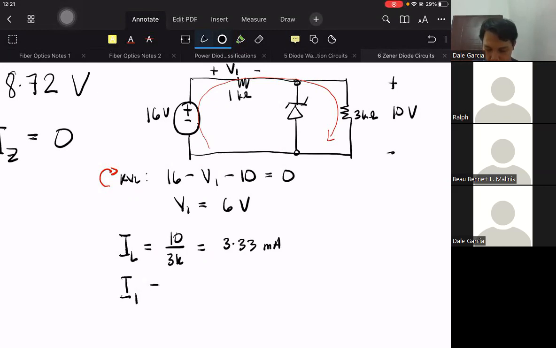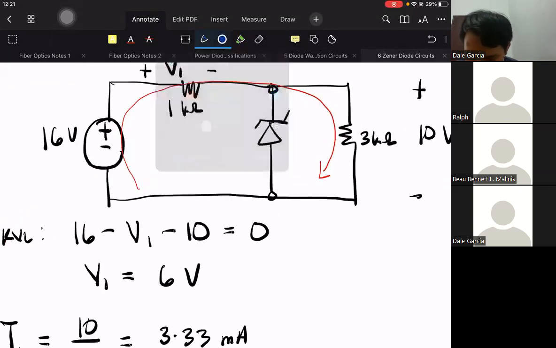How about I1, the current across the 1K resistor? So 6 volts divided by 1K, 6 milliamperes. Therefore, if we apply KCL at this junction, I1 is going in that direction, IL is going in that direction.